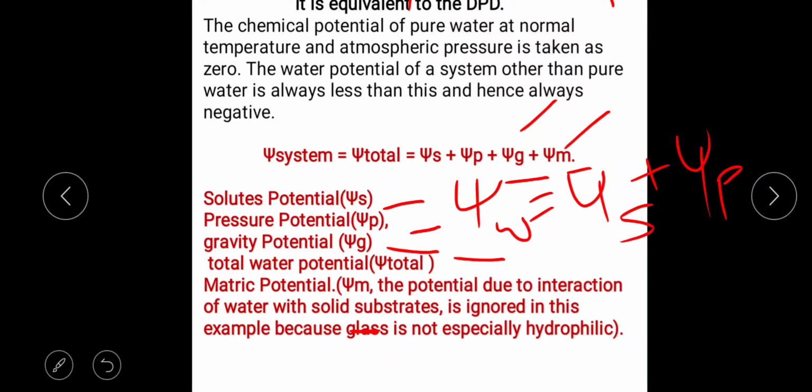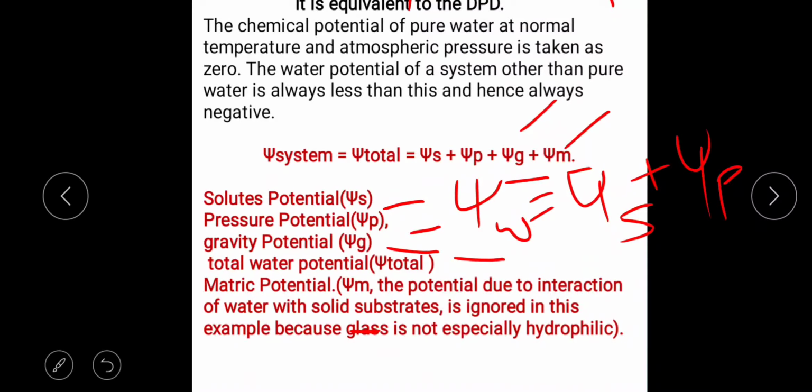Here, in mature cells of mesophytic plants, the value of matric potential is taken to be only up to minus 0.1 atmospheres, which is a very small value. So that's why it is negligible and often neglected. So it is a kind of adsorption force by which water molecules are held on the surface.